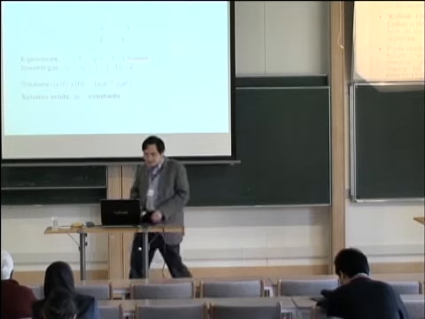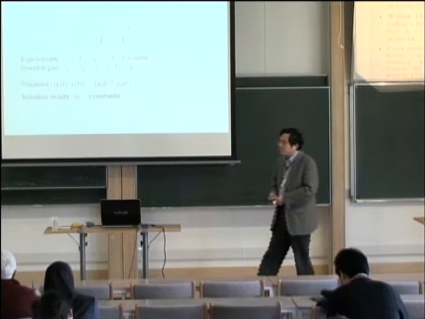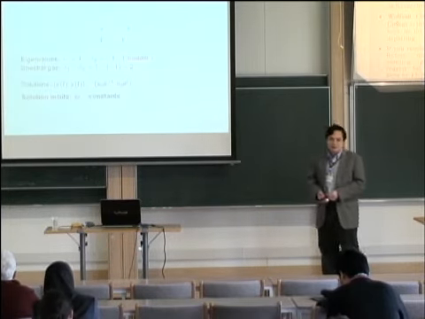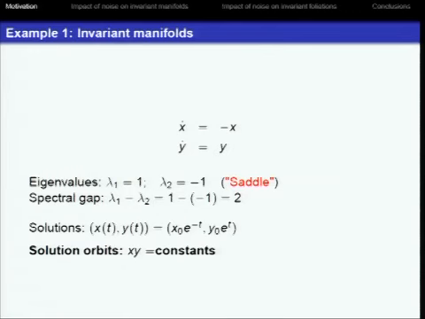Now the results will be presented in a general Hilbert space, but it's much easier to look at examples in the simplest Hilbert space, R2. So let's look at this deterministic example. This is a saddle because you have two eigenvalues, one positive, one negative, and the spectral gap is big enough.